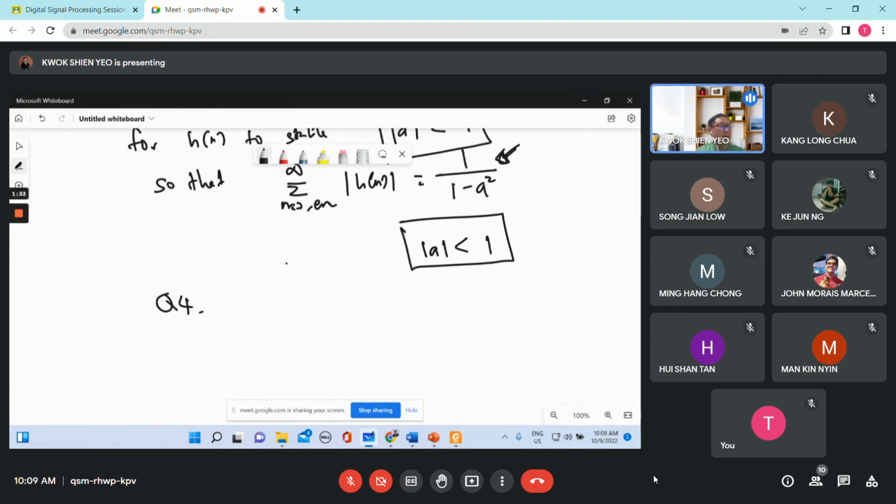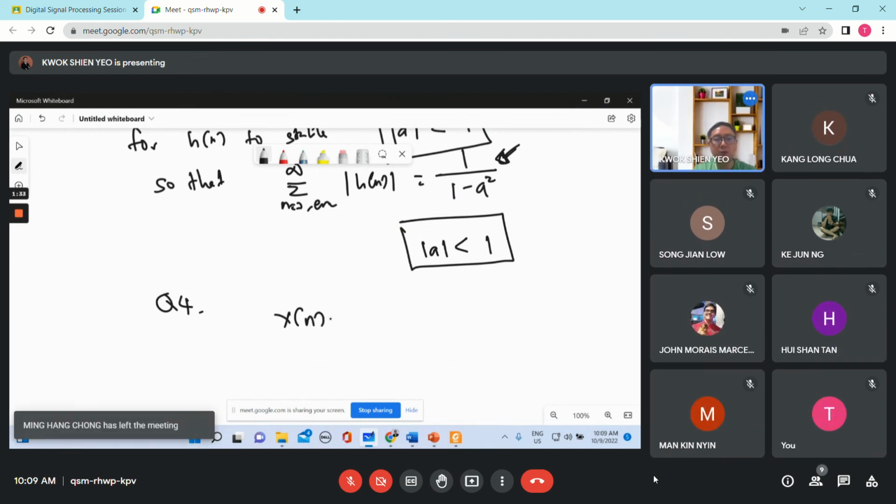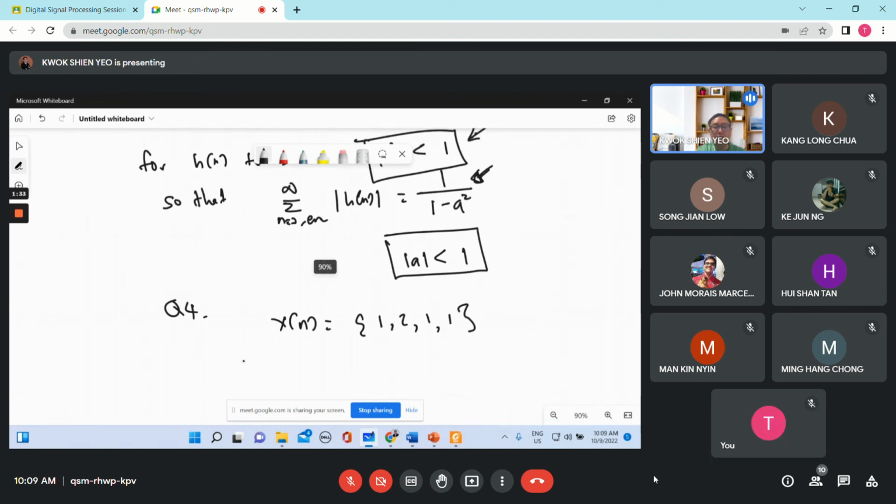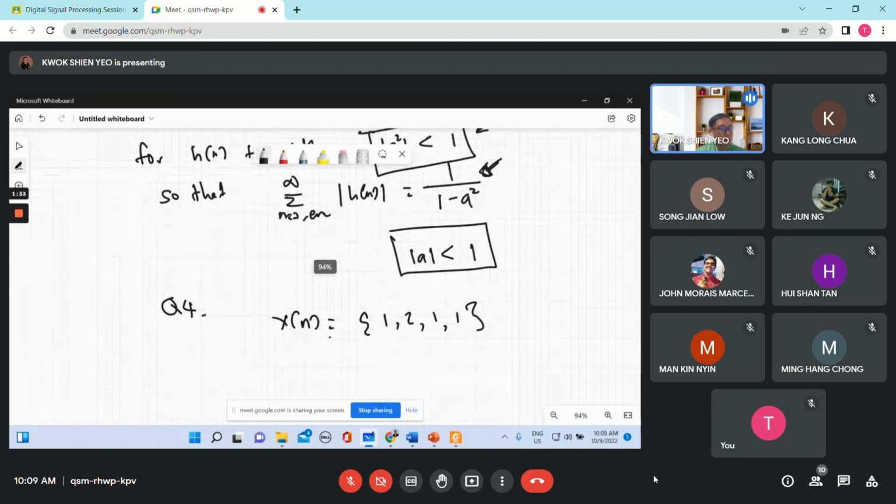So xn equals 1, 2, 1, 1. You have four values here, and you are asked to look for the autocorrelation.